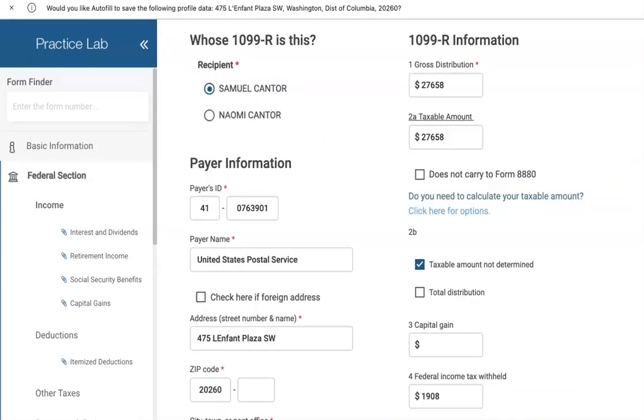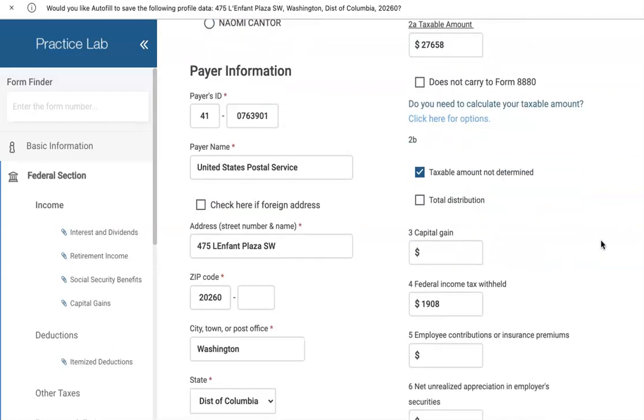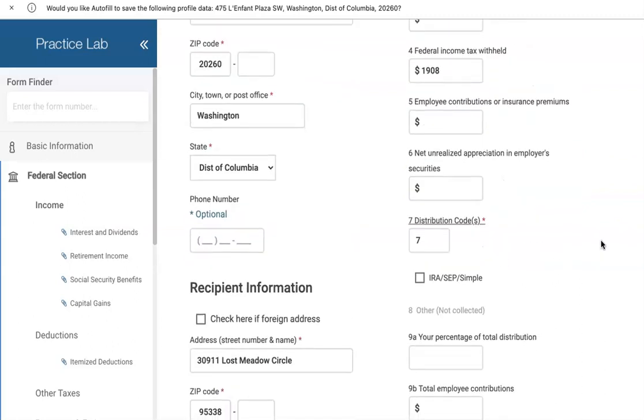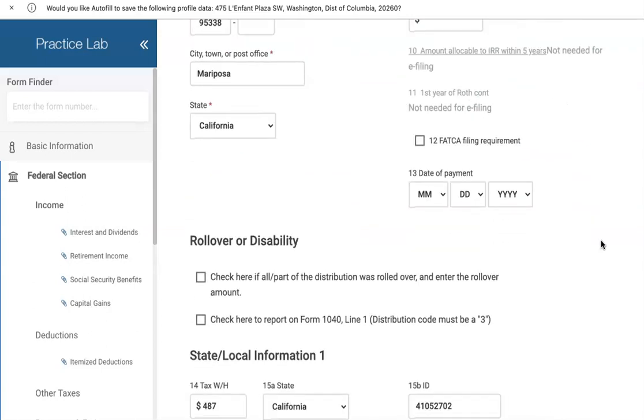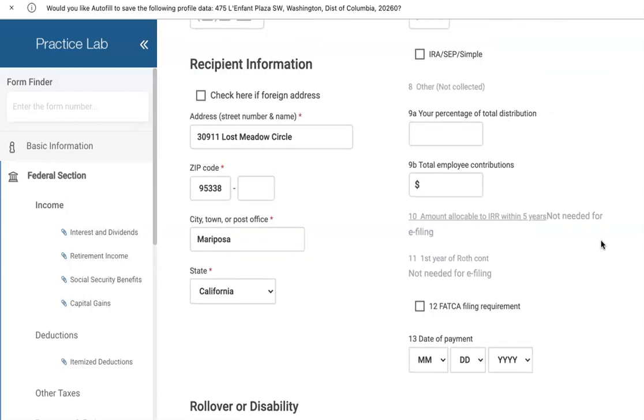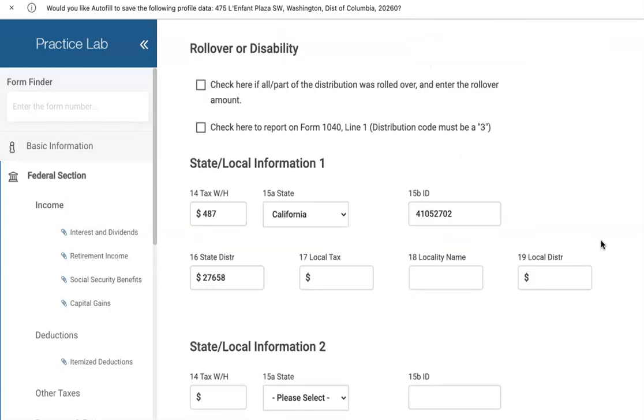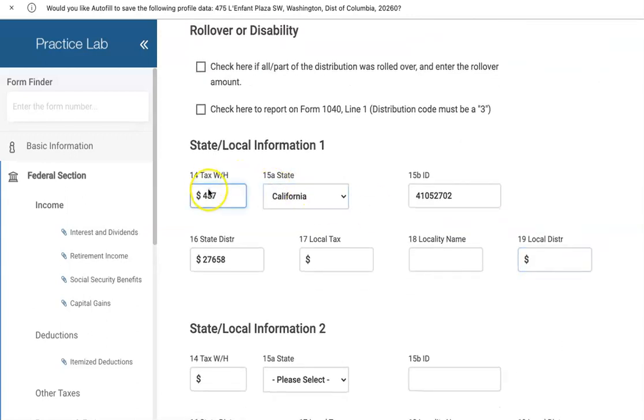Before we figure out what goes into box 2A, and here it's just the amount same as box 1, let's make sure that the rest of the information is entered correctly. So we've put that in, made sure we got the federal income tax withheld, make sure we've got California information down at the bottom here because there was tax withholding, otherwise that wasn't required.